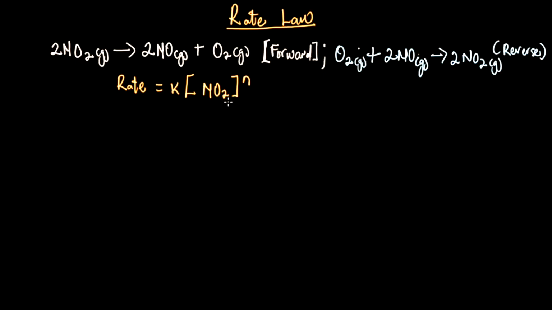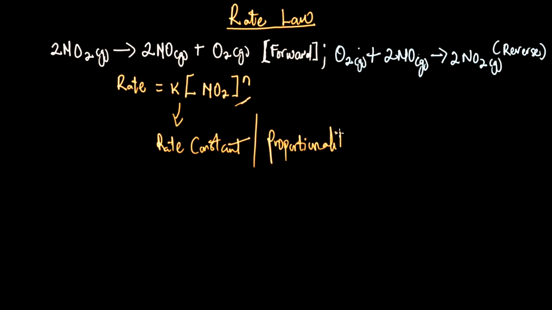This is a rate law, and the k here is the rate constant, or simply called the proportionality constant. n is the order of the reaction and must be determined by experiment.